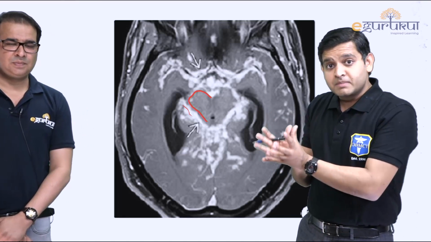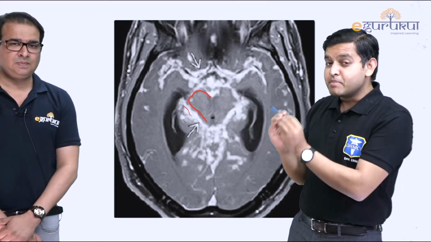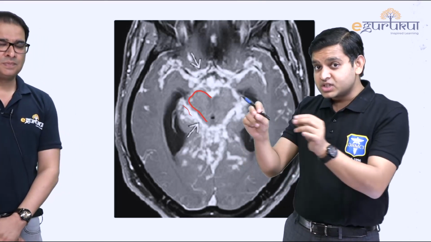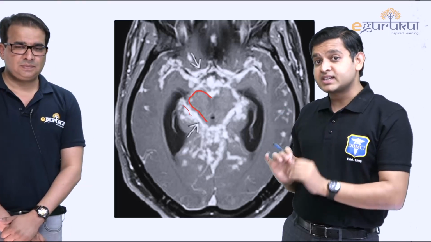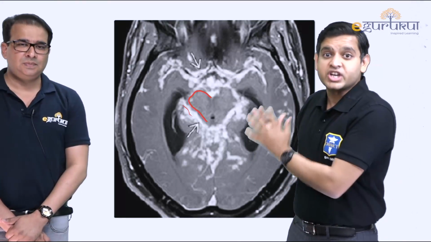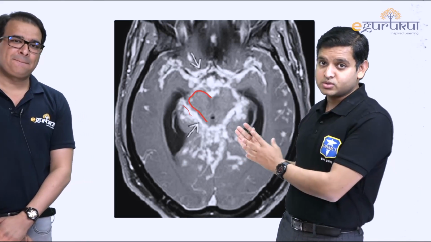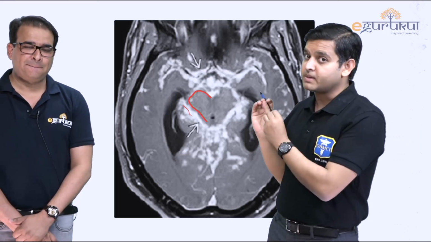Now in a patient with meningitis, when you see such a pattern, this is classically what is called basal exudates. And when you see these basal exudates in the Indian scenario, the first disease that comes to our mind is tubercular meningitis. So that's a classical MRI appearance: enhancing basal exudates in a patient with tubercular meningitis.